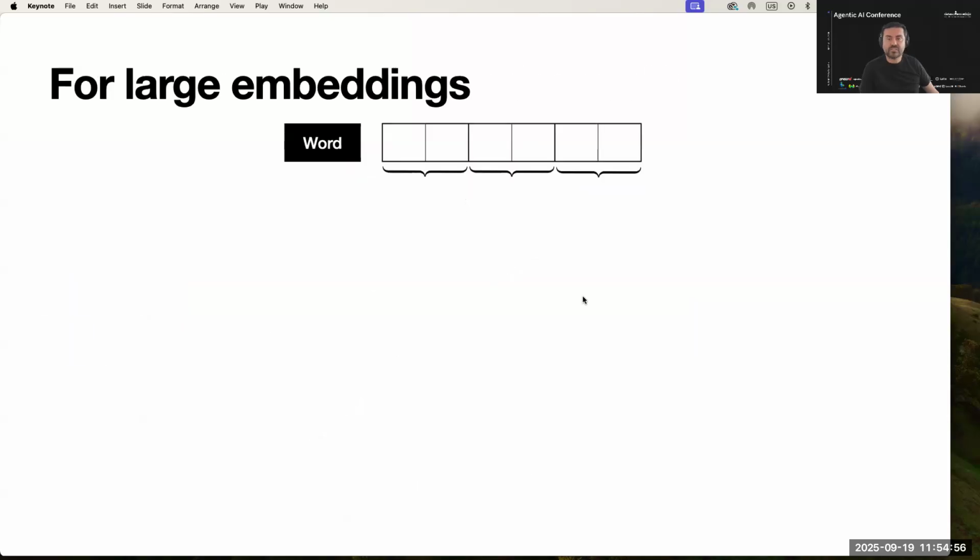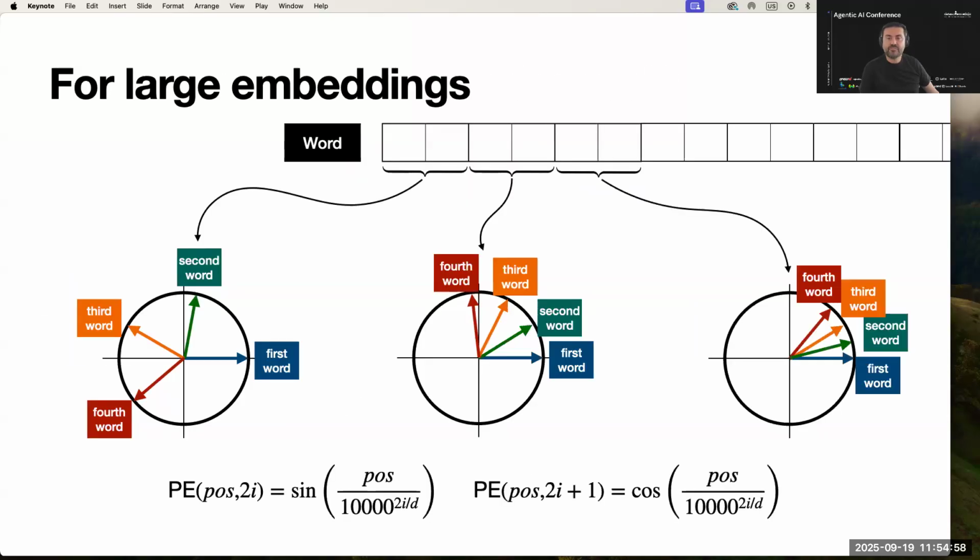Now, here's the question. If my embedding has, let's say, 1,000 entries, the 999th and the 1,000th, the last 2 entries, get moved very little because this dial is really slow.